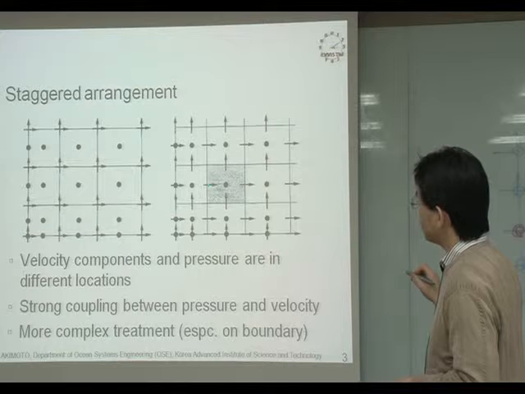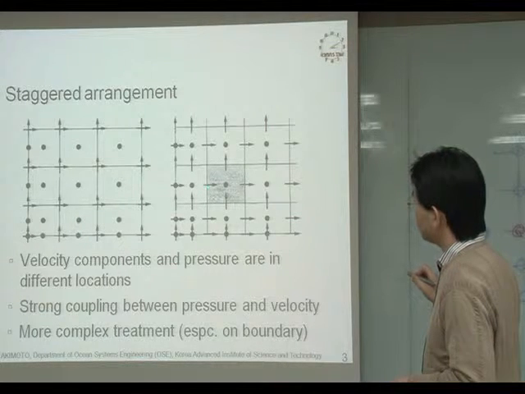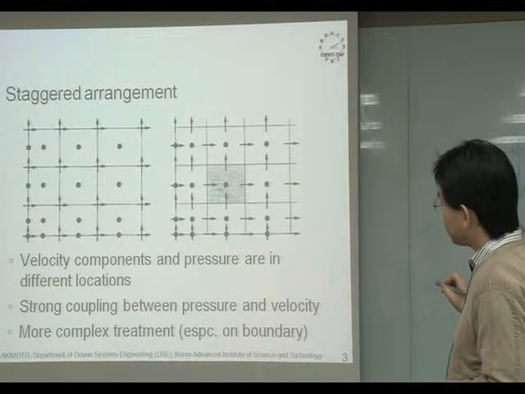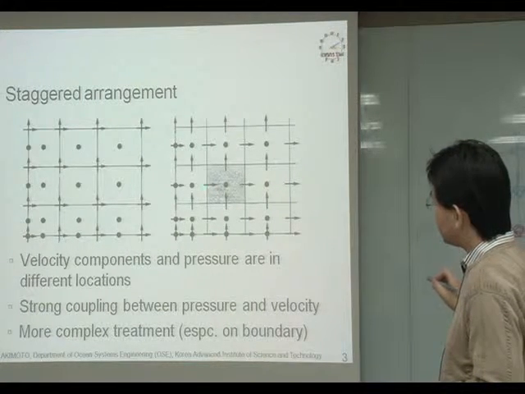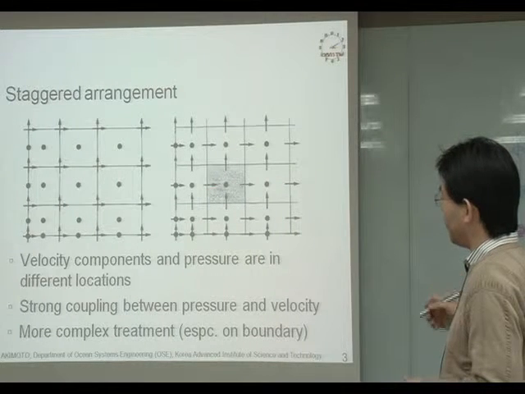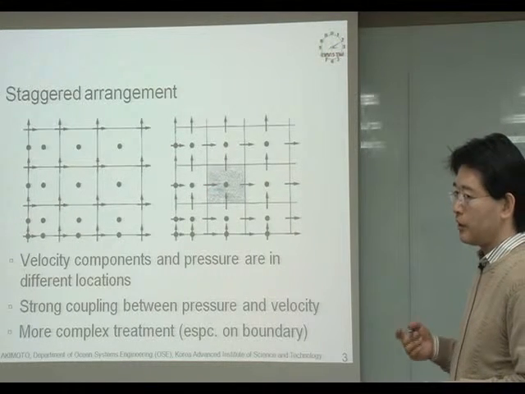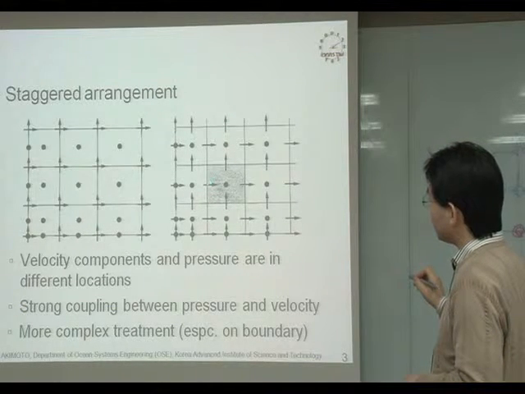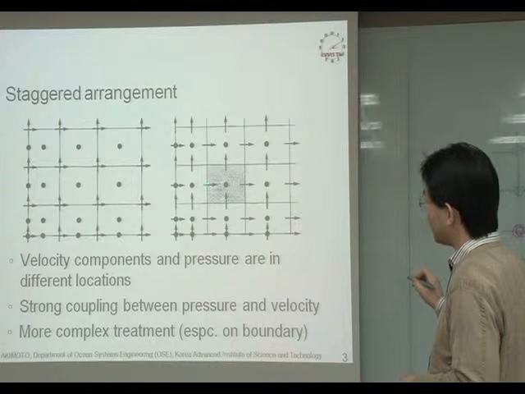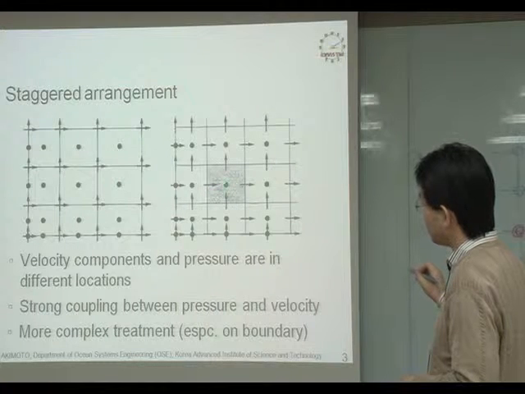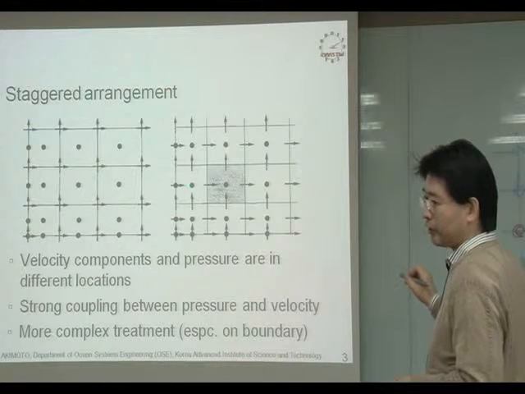It is because when we have to evaluate the pressure gradient, for example, on this U definition point, we have to calculate the pressure gradient of the X component, the X direction gradient of pressure here. And the pressure gradient can be easily obtained by this pressure value minus this pressure value.